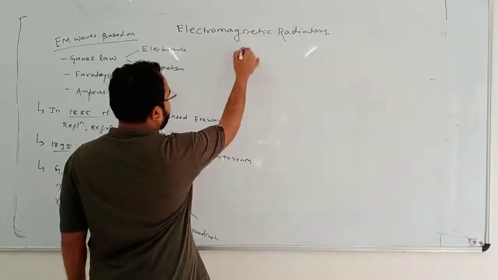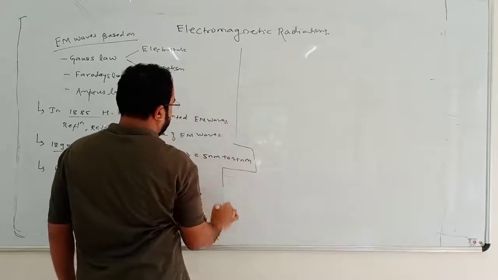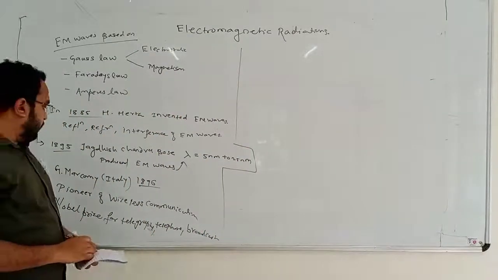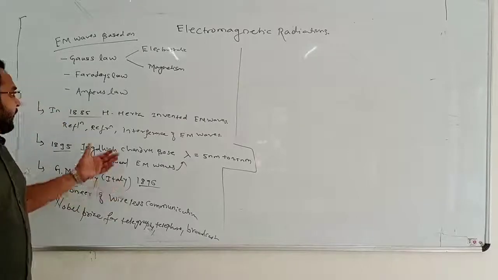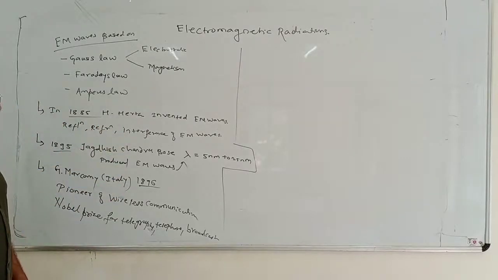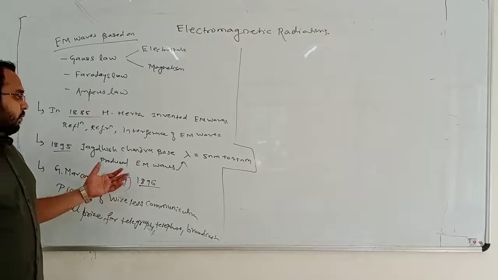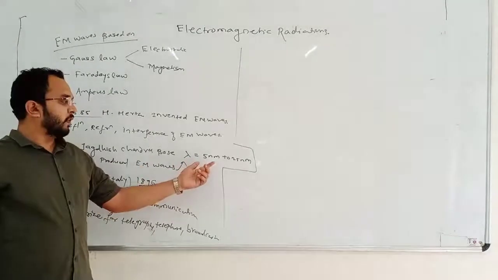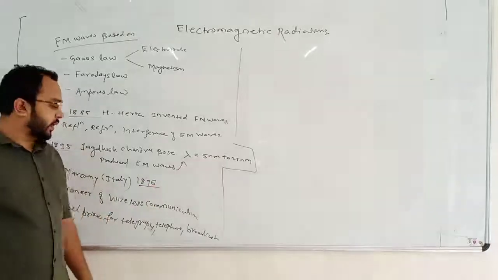So these three scientists are important: Henry Hertz, Jagdish Chandra Bose, and G. Marconi. Henry Hertz invented the electromagnetic waves. Then Jagdish Chandra Bose produced waves of wavelength 5 nanometer to 25 nanometer.